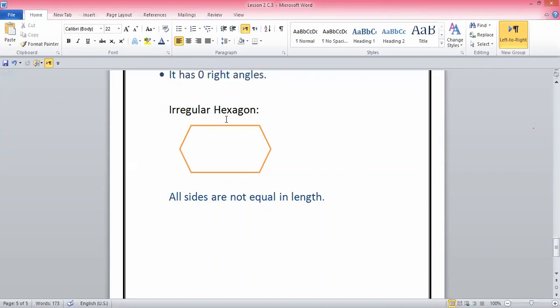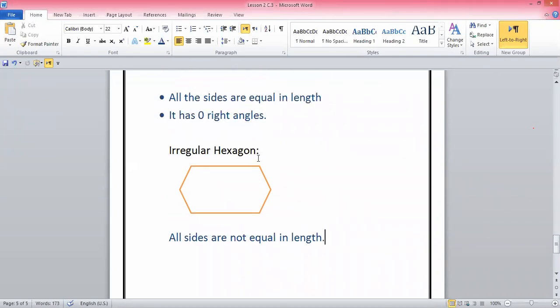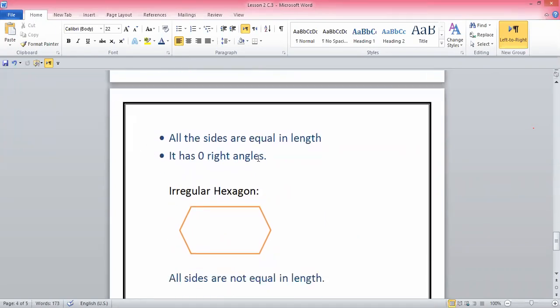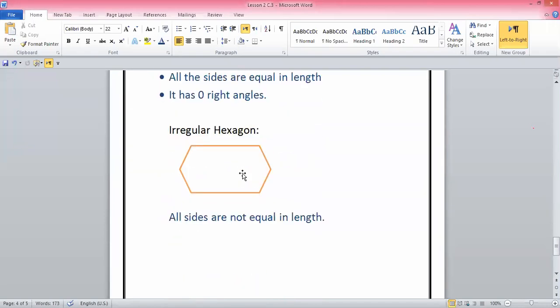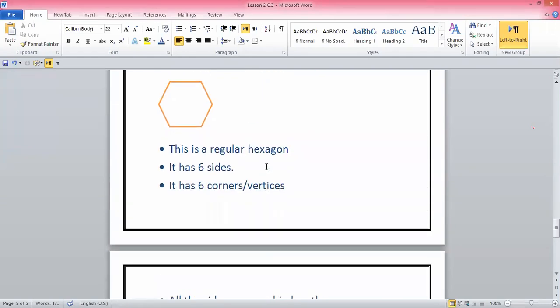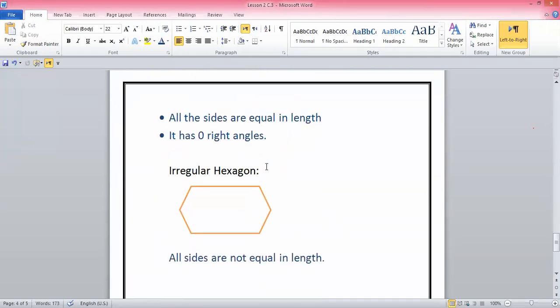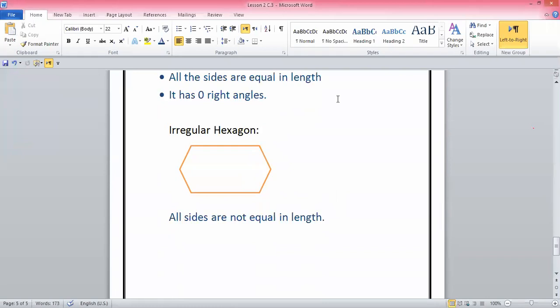No, for drawing the shape, you should use a ruler. Otherwise, you will not be able to draw perfectly. How will you make the difference between an irregular hexagon and a regular hexagon? For that you should use a scale. Otherwise you will not be able to make a regular hexagon perfectly. Okay. Thank you.